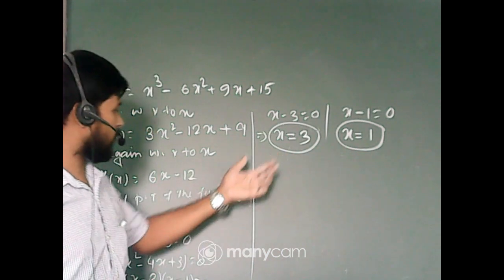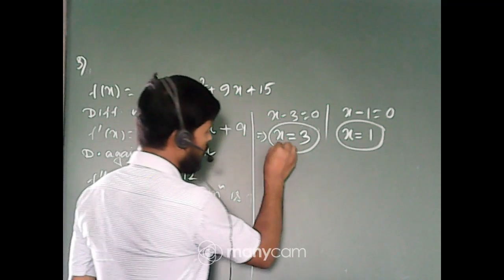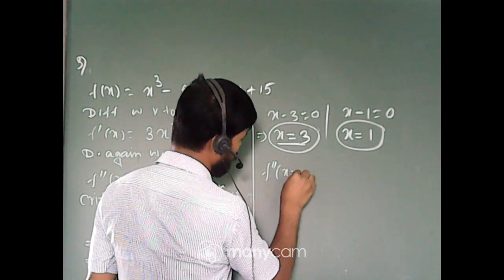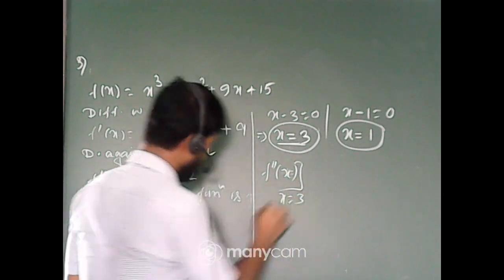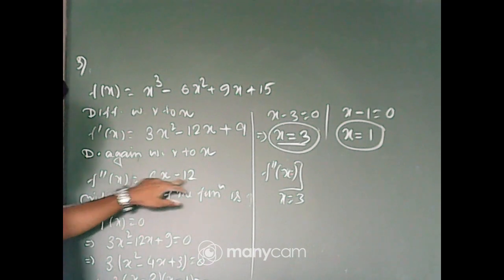So find the value of the second order derivative at these critical points. Find the value of the second derivative at x equal to 3. We have the expression for the second order derivative, 6x minus 12.